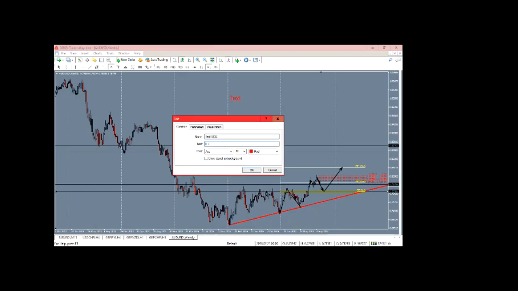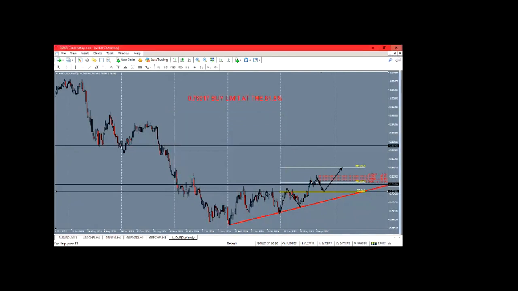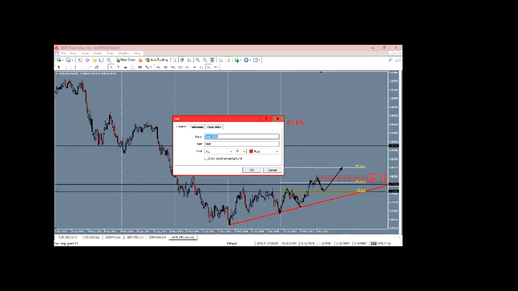That will be a buy limit at the 61.8%, with a take profit at the 1.618%.